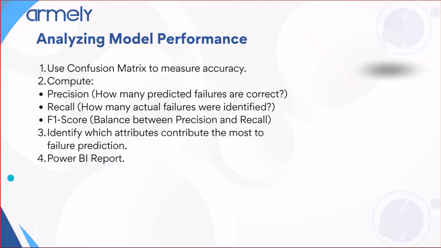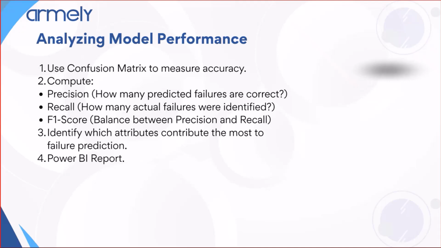And then with the confusion matrix, you can now go ahead and compute the performance metrics so that you can know our accuracy level. In this, we have, for example, precision, which is how many predicted failures are correct. We get that by dividing the true positives by the true positives plus the false positives.